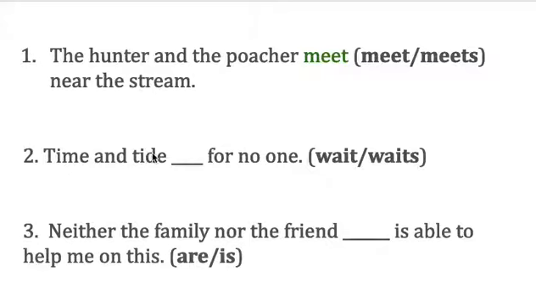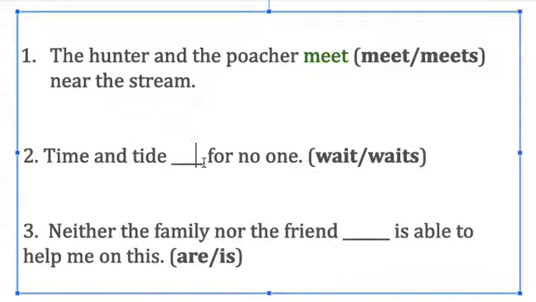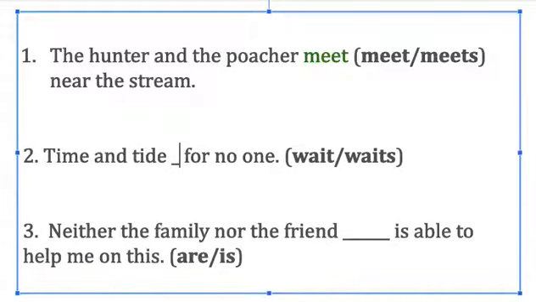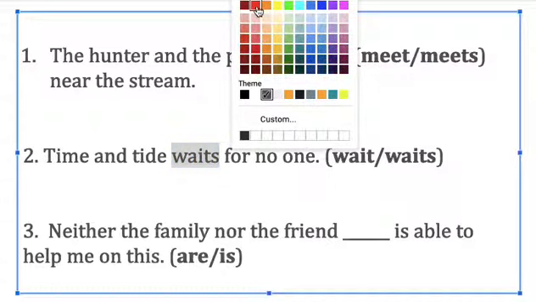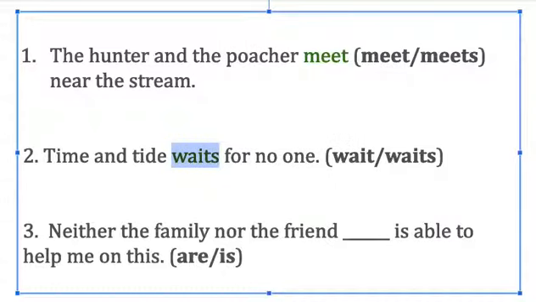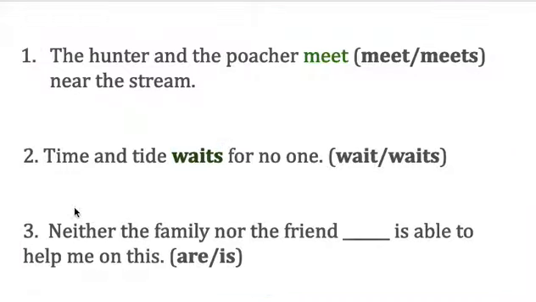Even though they are different words, they are conveying the same idea, so it becomes singular, and for that reason we say time and tide waits for none. Not wait, because they are singular here as a unit. Singular subject, singular verb: waits for no one.